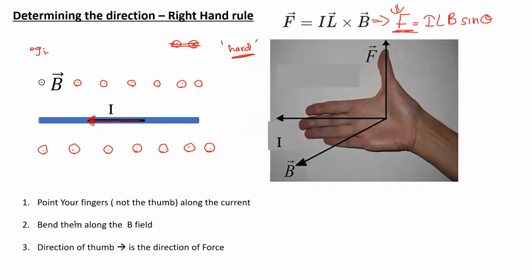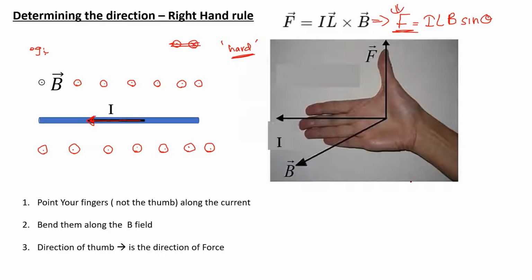You have to point your fingers along the current. My current is this way. This is my left hand, so you might see that I'm kind of flipped. You can keep your hand just like in this picture, in the slide. The current is going towards my left hand side, so keep your fingers towards left.